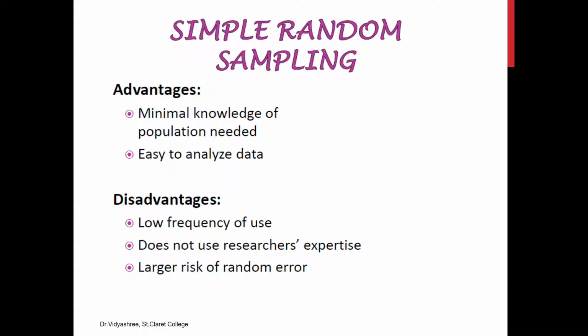The main disadvantage is that not many people use this type of sampling technique because the entire target population, or the population frame, must be known by the researcher. It also does not use the researcher's expertise, since he picks people randomly, and there is a risk of random error in this.